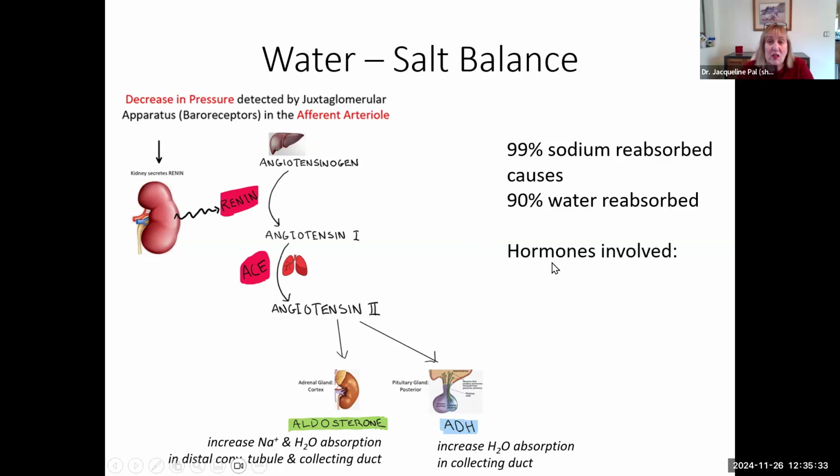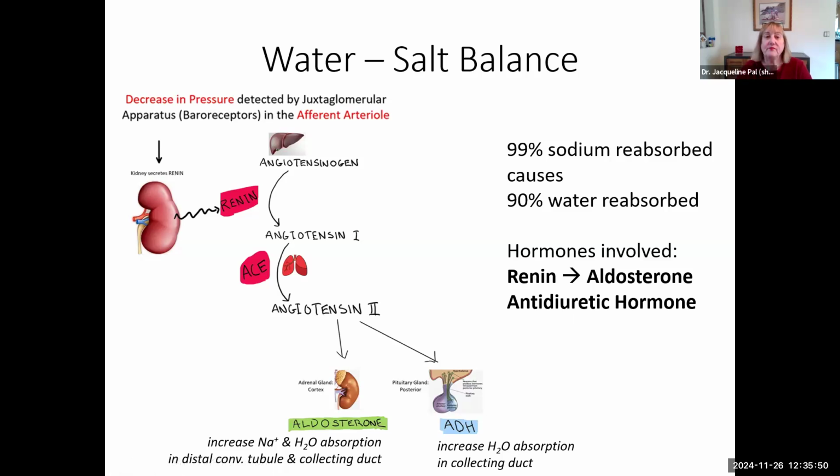And this is going to happen through the involvement of 3 different hormones, specifically renin, causing aldosterone production, and antidiuretic hormone increases. All right. So hopefully you understand our miniature version.